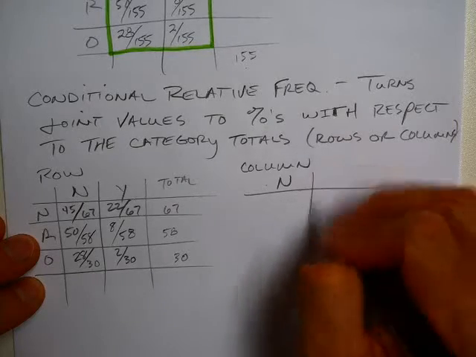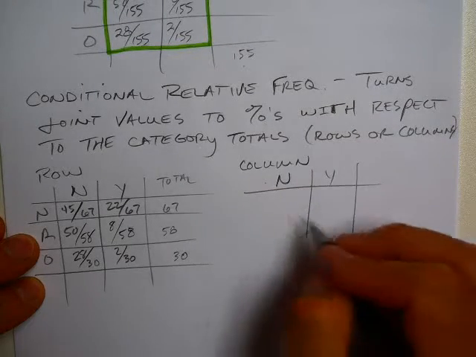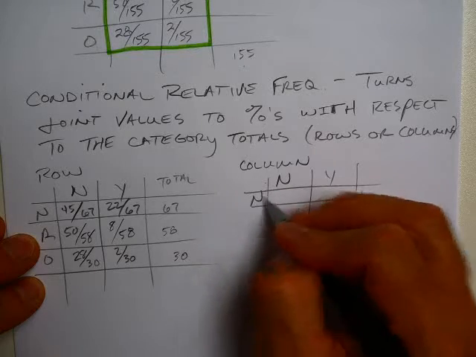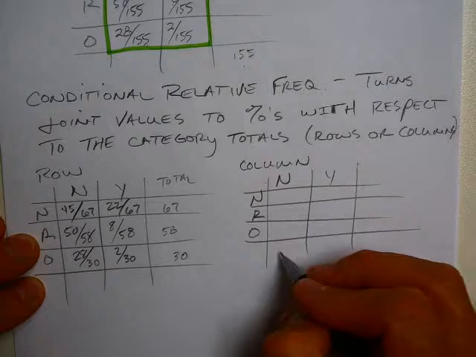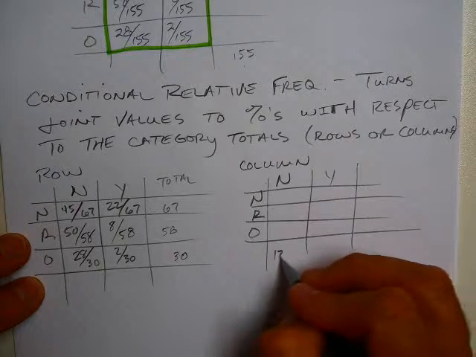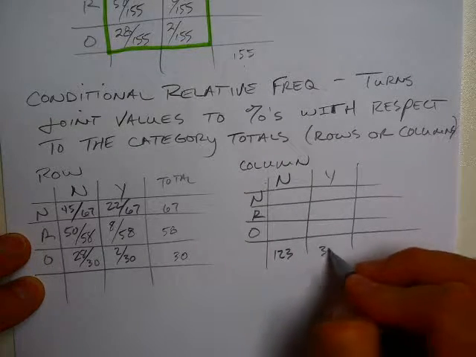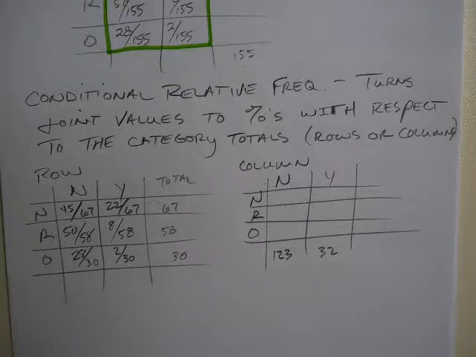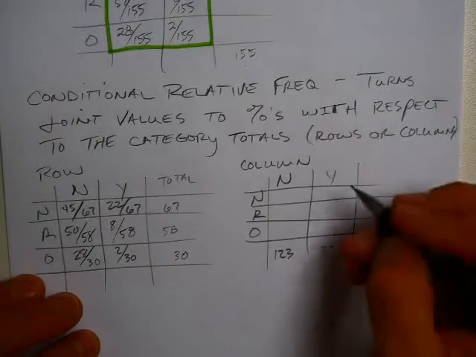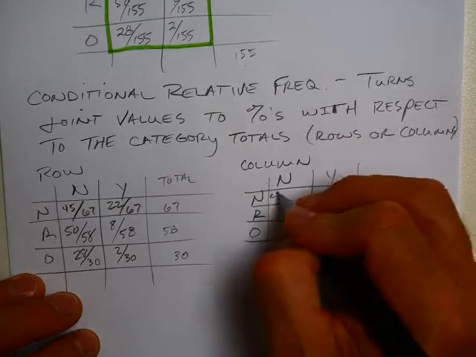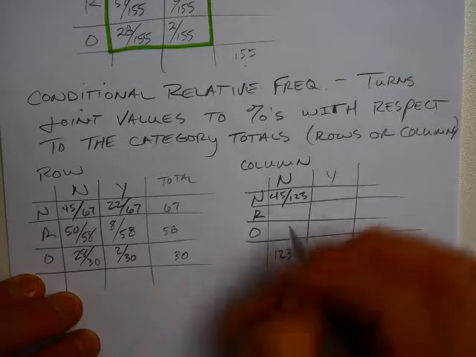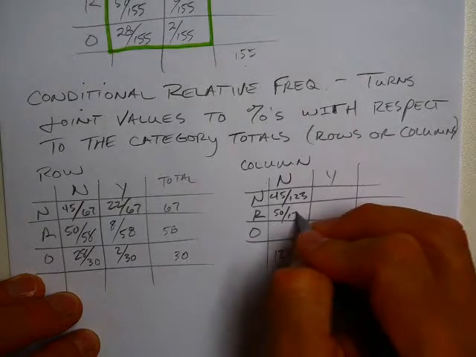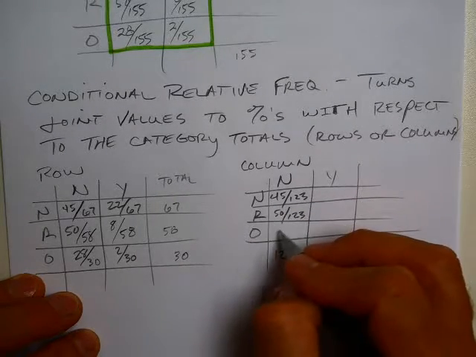So row, same thing with column, except it's vertical. We've got no, and we've got yes, and we've got never, rent 'em, own 'em, and I have a total of 123 here and a total of 32. So this no and never is going to be 45 divided by 123, and 50 divided by 123, and I think you guys have got the idea.